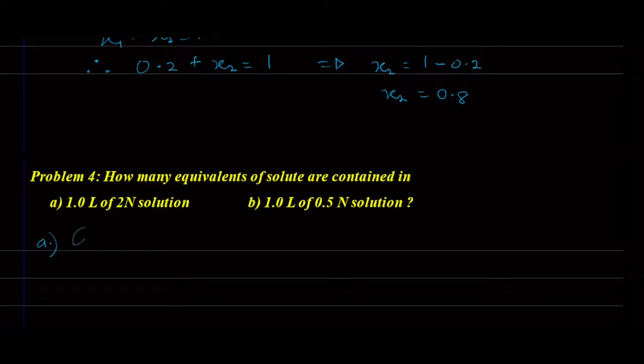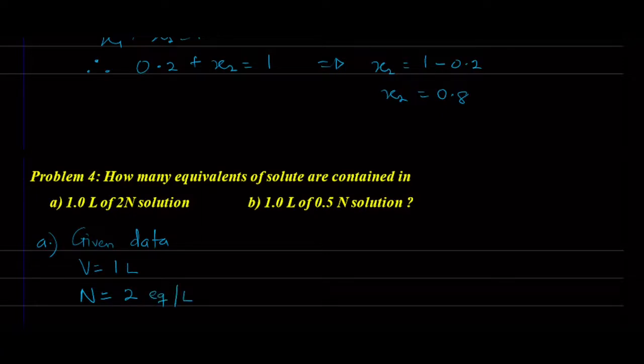In this case, we are given the volume of the solution. The volume given is 1 liter, while the normality is given as 2 normality. So a 2 normality solution means 2 equivalents per liter.